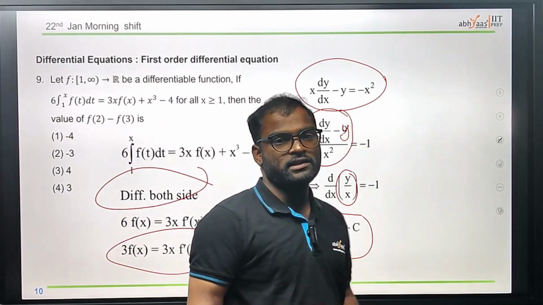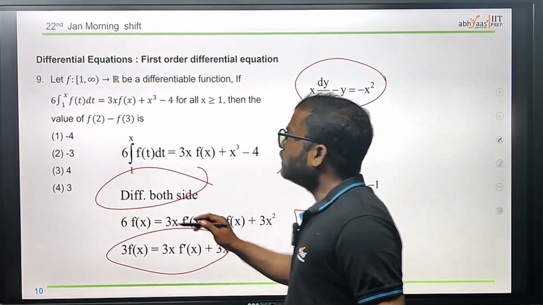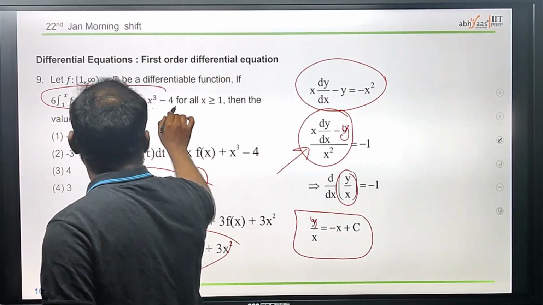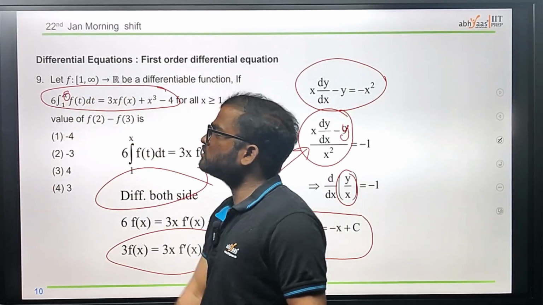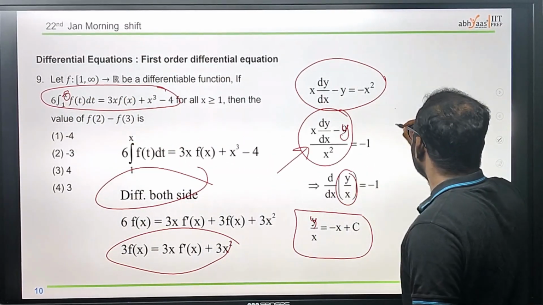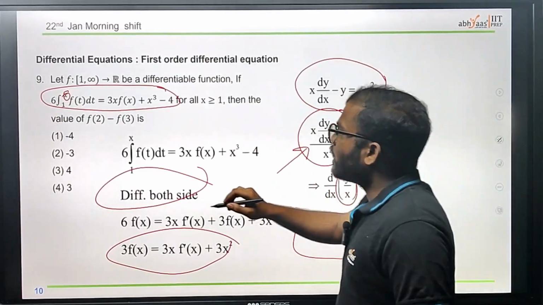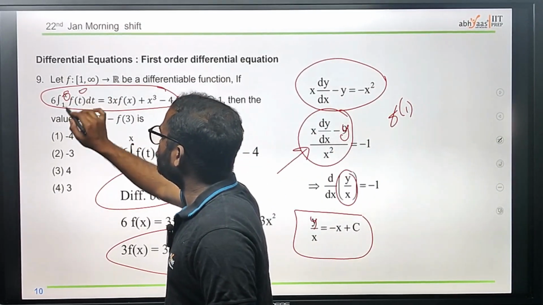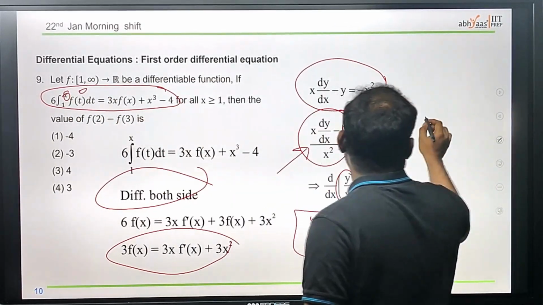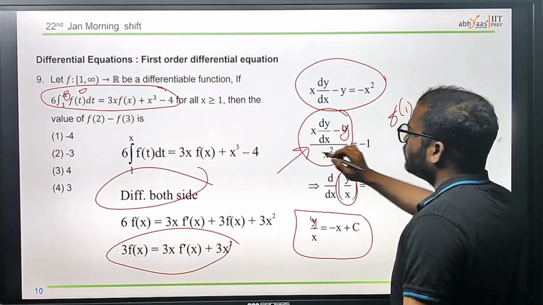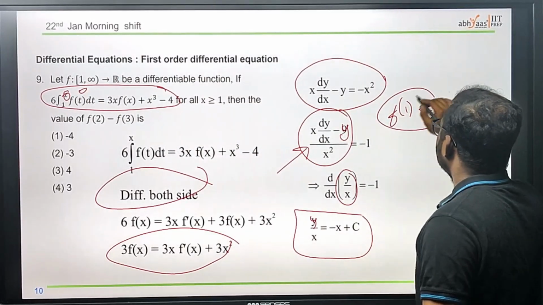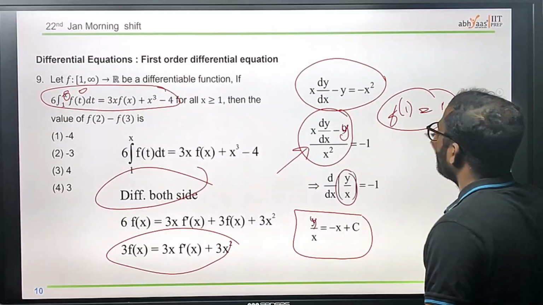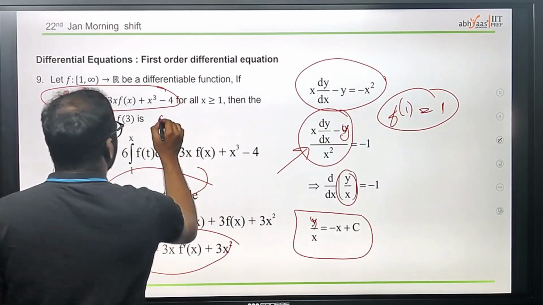Now we need to find the c value. How can we find the c value? See here, in this differential equation, just put x as 1. Therefore f of 1 will be, if we put f of 1, it will be 0. How? If you see here, we put the 0 here.